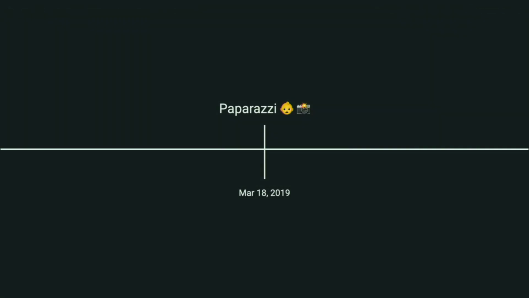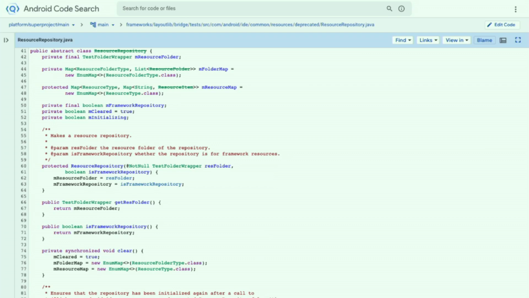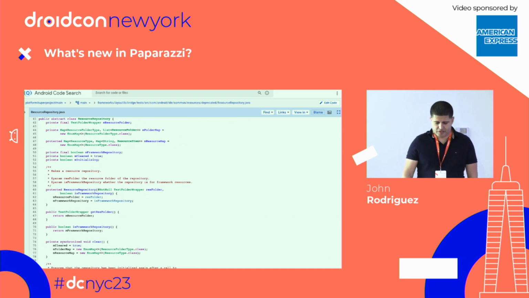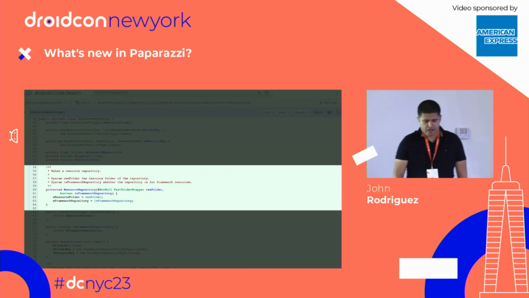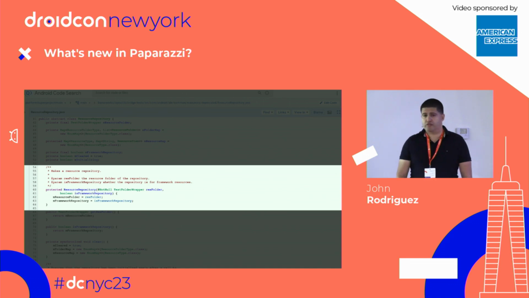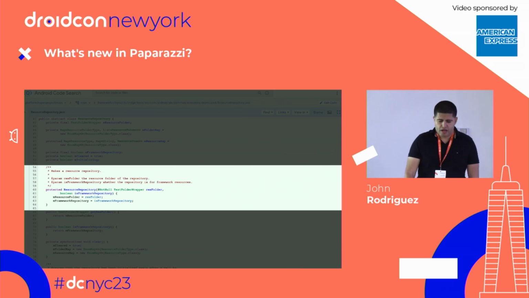So this is when Paparazzi was born. And this is the resource repository object that we pulled from Android Studio test sources. It was really attractive because if you pass it a directory to where all your resources were located, it would do the job of recursively traversing that directory, loading the resources into this three-dimensional map, and voila, now you can query your resources.